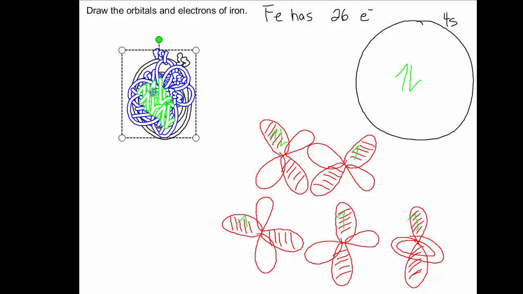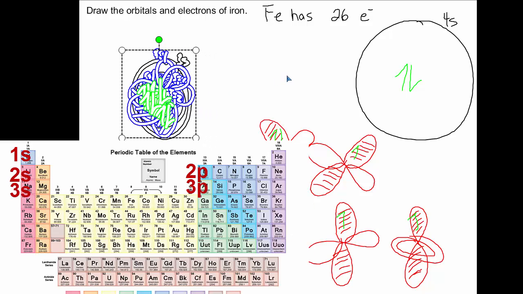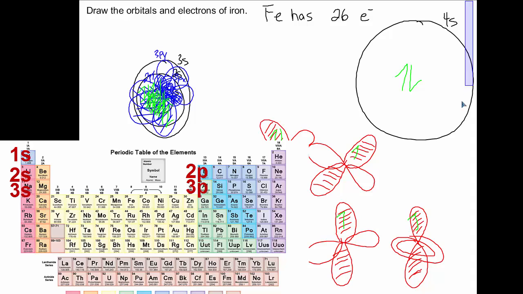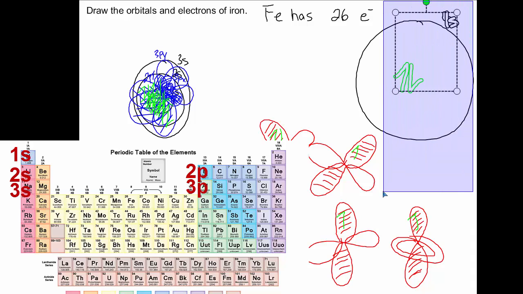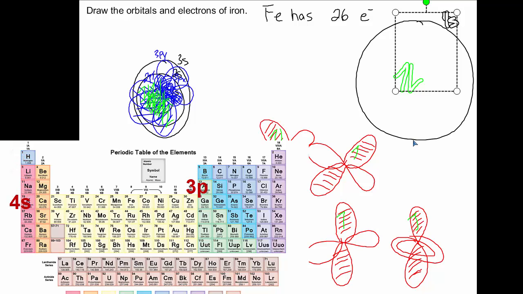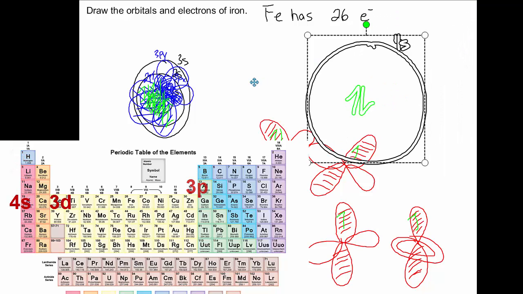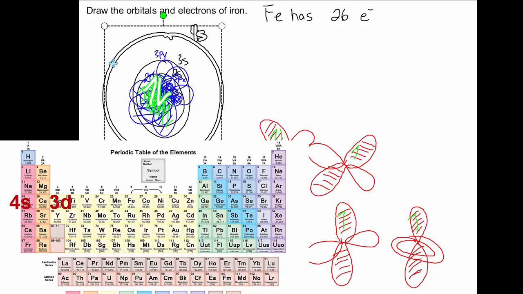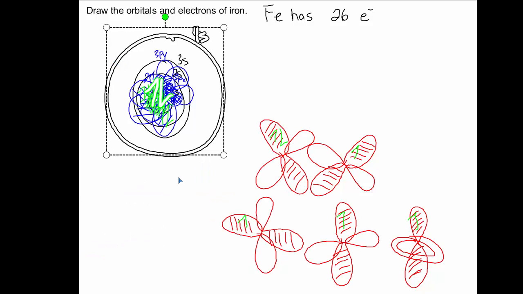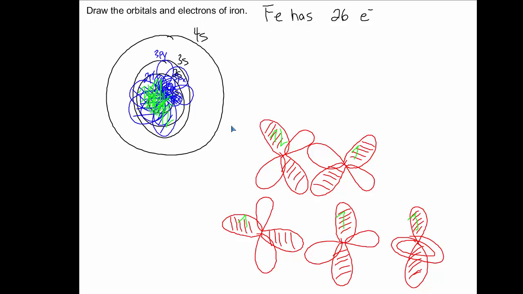The next orbital after 3p, have a look at your periodic table. We move from 3p, we come to 4s before we get to 3d. So 4s comes here, surrounds everything that's already in there, and then we're going to have to move over into scandium, titanium, vanadium, chromium, manganese to get out to iron.